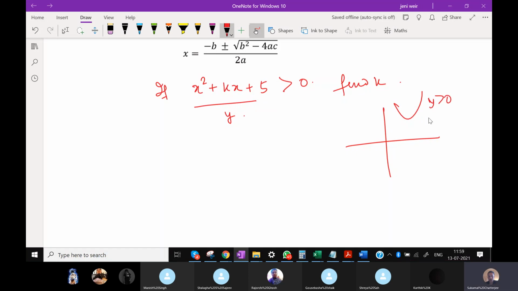This is y greater than 0. So if y is greater than 0, that means the discriminant will be negative. That means k square minus 20 is less than 0, or k square is less than 20, or k will lie between 2 root 5 and minus 2 root 5.